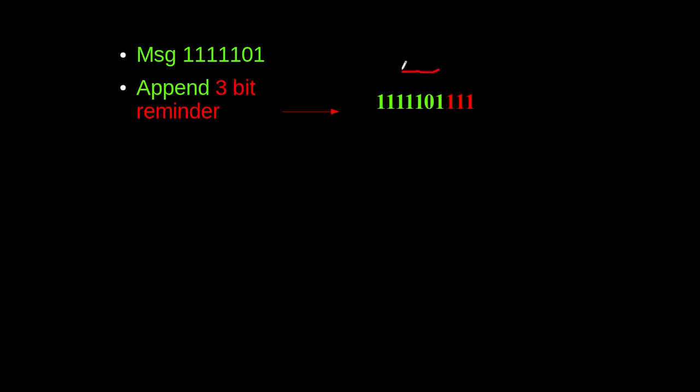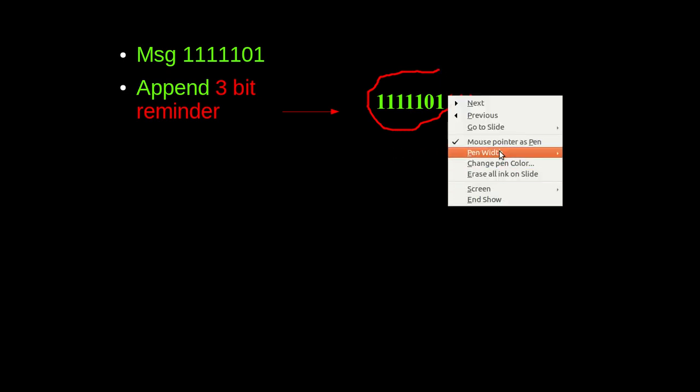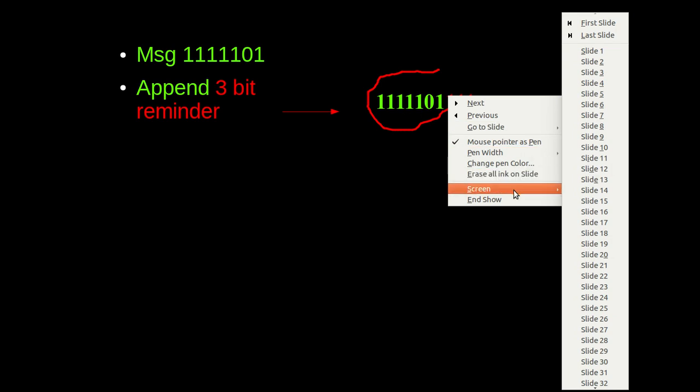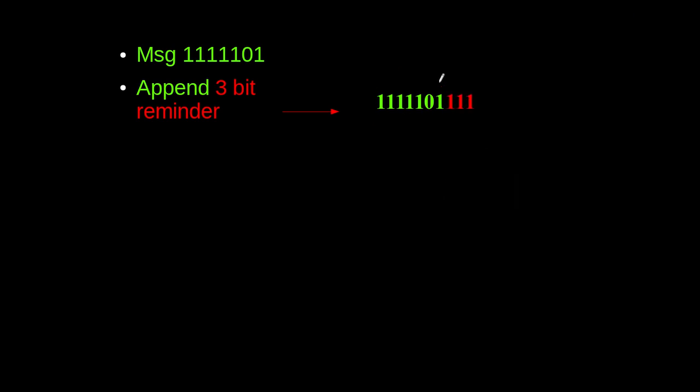Alex will receive this message. What is Alex gonna do? We have an agreed upon key, the key he and I share, which is 1 1 0 1.